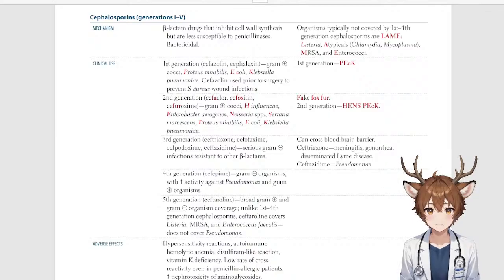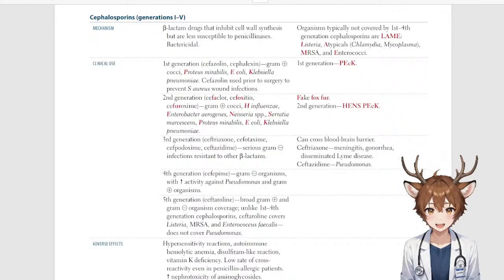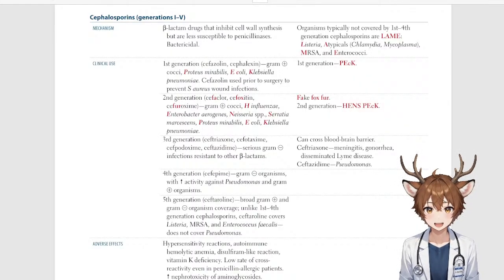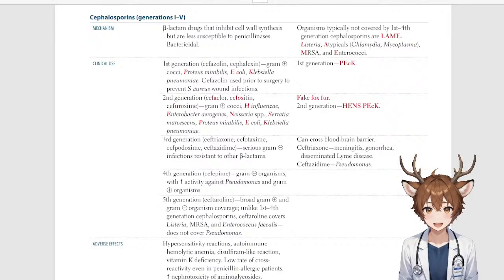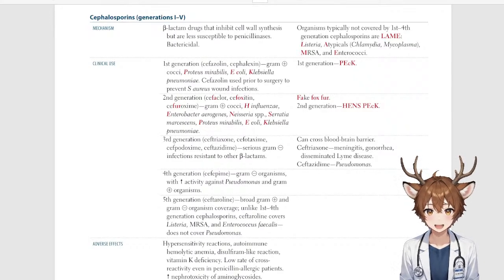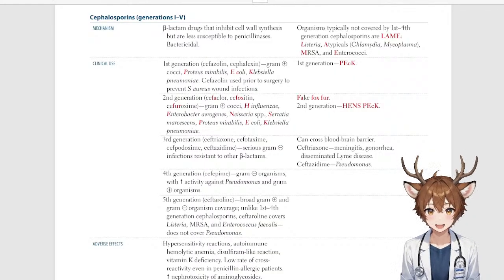Second generation: cefaclor, cefoxitin, cefuroxime, cefotetan. Gram-positive cocci, H. influenzae, Enterobacter aerogenes, Neisseria species, Serratia marcescens, Proteus mirabilis, E. coli, Klebsiella pneumoniae. As a learning device, second graders wear fake fox fur to tea parties. Second generation, positive HEN PEcK.